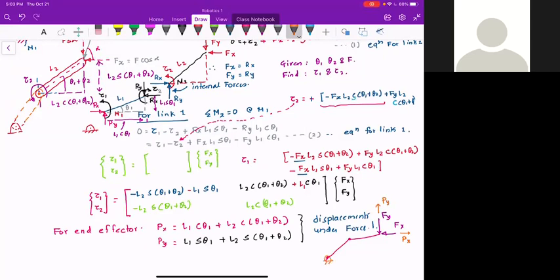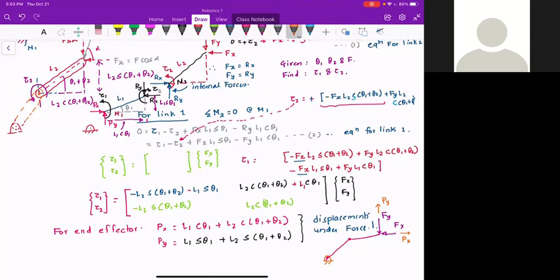This is super duper important because we have forces and we also found the displacement of the end effector, and this displacement is expressed as a function of theta 1 and theta 2.